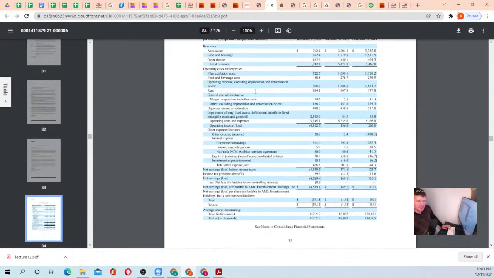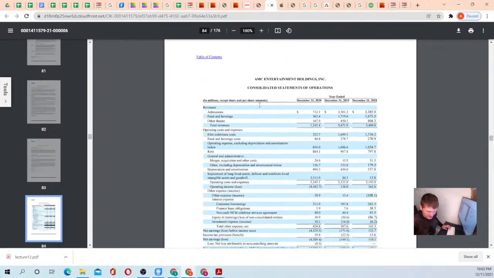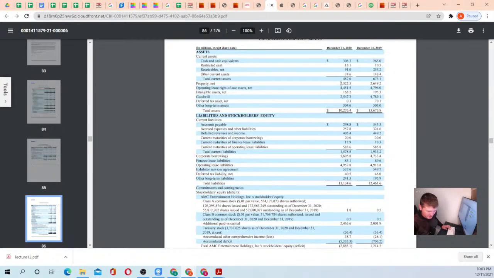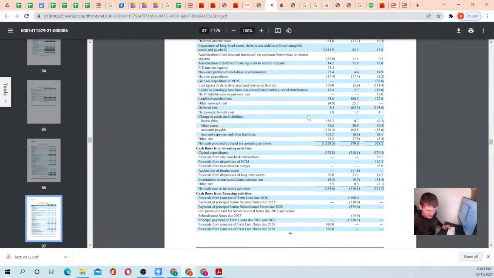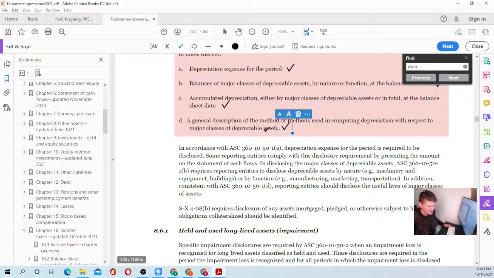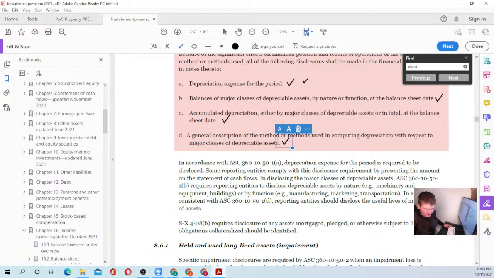So let's do the same exercise for AMC. Income statement, balance sheet, property net 2 billion, operating leases separately, 2 billion, operating leases 4 billion, stated separately. Depreciation in the cash flow statement. So we can go back here and do one more tick mark for AMC.